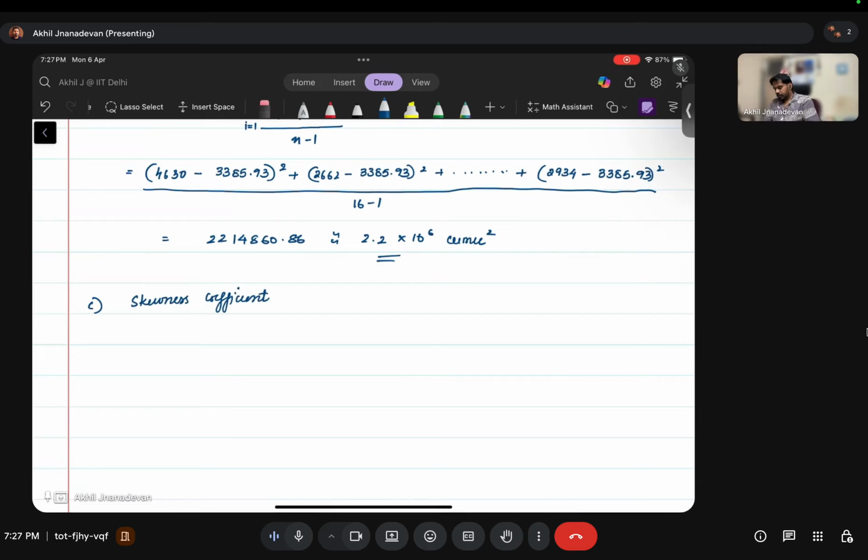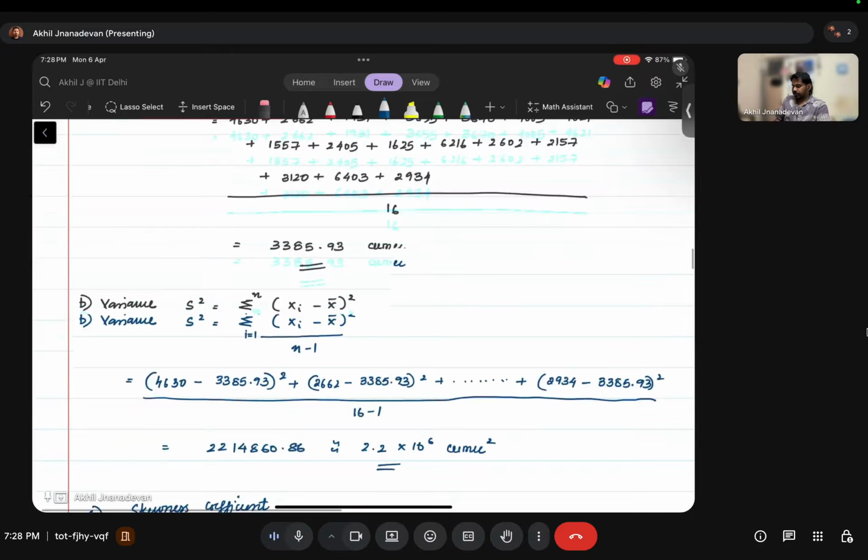The skewness coefficient, represented by CS, is equal to n by (n minus 1) into (n minus 2) into S cube, where S is the standard deviation, into the summation of i equal to 1 to n, xi minus x bar the whole cube.